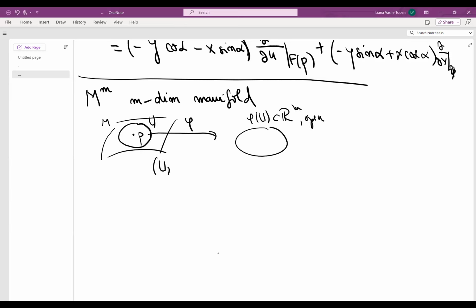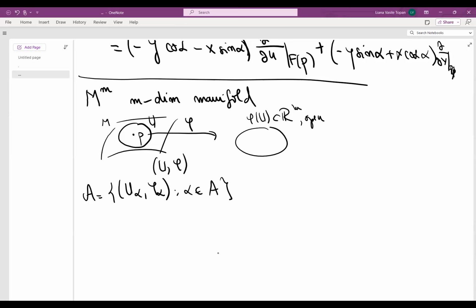We call this pair U and phi a local chart around P, such that we can build up an atlas on M, which will give M the differentiable structure, so the structure of an n-dimensional manifold. An atlas is simply a collection of local charts with any two charts compatible.